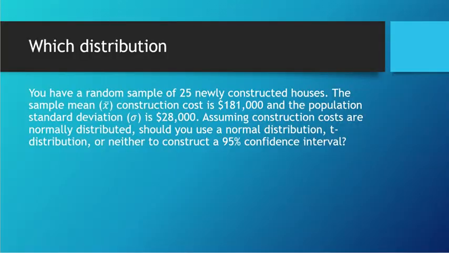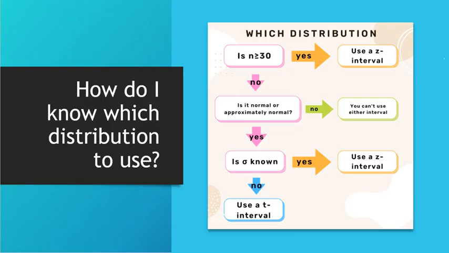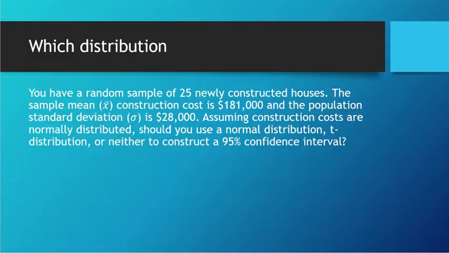All right, so we'll look at an example. We have 25 newly constructed houses, and then we have sample mean and population standard deviation. Which distribution should we use? Let's go through our chart. Is n greater than or equal to 30? No, it's 25. Is it normal or approximately normal? They say right here, assuming construction costs are normally distributed.